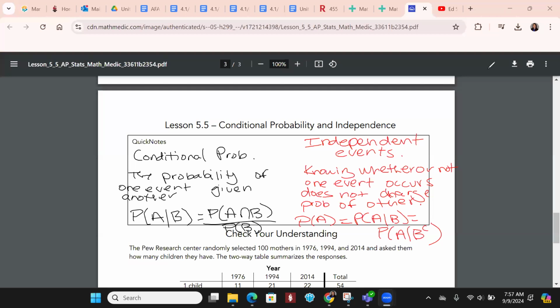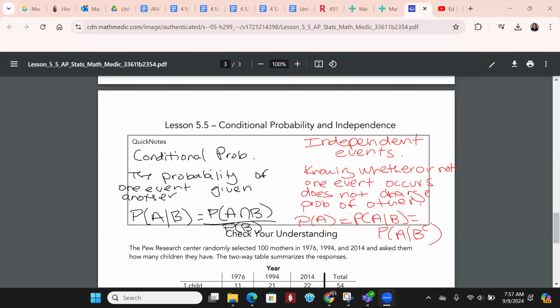The Pew Research Center randomly selected 100 mothers in 1976, 1994, and 2014 and asked them how many children they had. The two-way table summarizes the responses. Suppose we randomly select one of the survey respondents. Define events: C is having 4 or more children, S is 1976, N is 1994, and F is 2014.